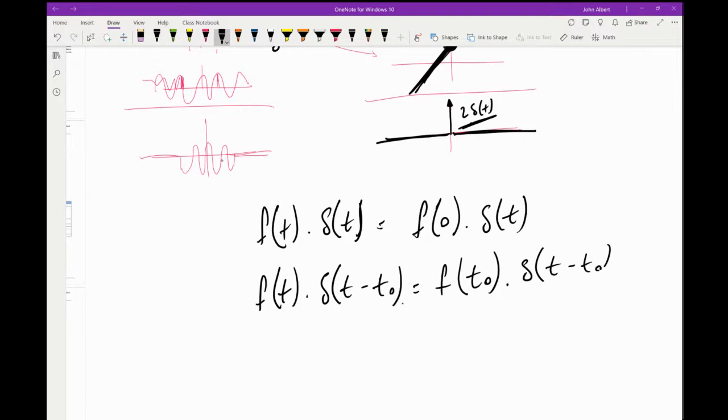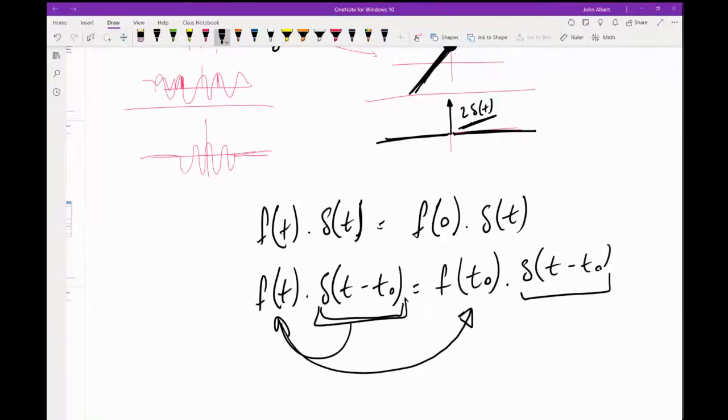What is this basically saying? It says to this, I don't care about all of your values. All I'm interested in is only the value in which I exist. And I exist at t equal to t0, because this is a shifted unit impulse that happens at t0. So I want you only to multiply me by your value at that location. And this is basically why this becomes f of t0, multiplied by delta of t minus t0, which does not change.